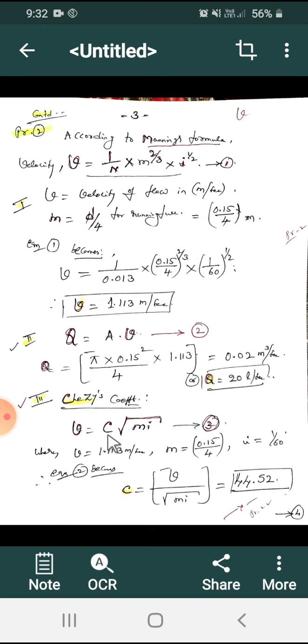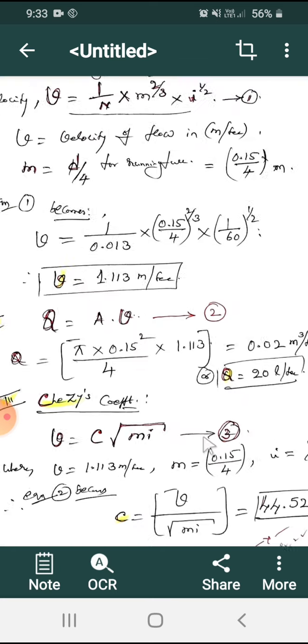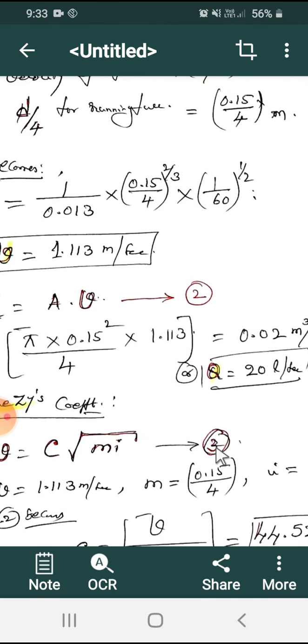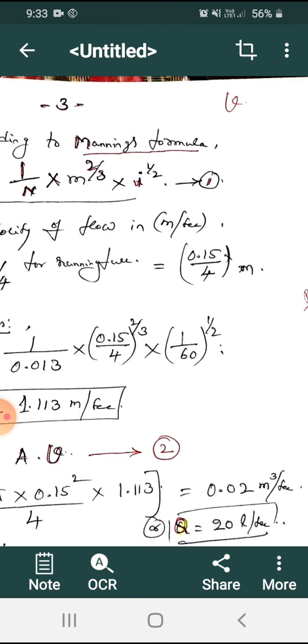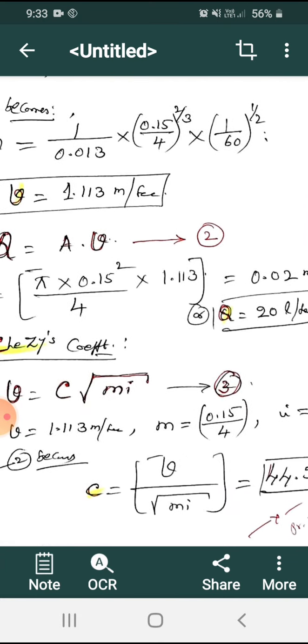What is asked in this problem? Only the C value you have to determine. M we know, I we know, V is also known. So you substitute these into this equation and automatically you will get the answer, and the problem will be solved. This is equation number 2. Equation number 1 is Manning's formula, and equation number 3 will be here.